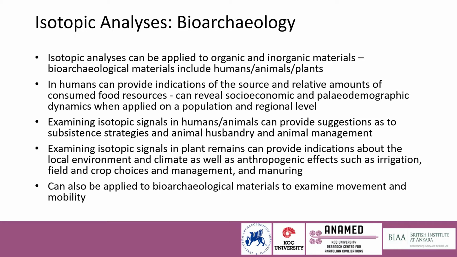So we can use isotopic analysis applied to plant materials for that. And then also, we can look at management of plant or botanical remains. So how people made choices about their crops, their field location, what they were growing, where they were growing it, how they were growing it, these kinds of things. And then obviously, as I mentioned, we can also apply isotopes to bioarchaeological materials to examine their movement and mobility.